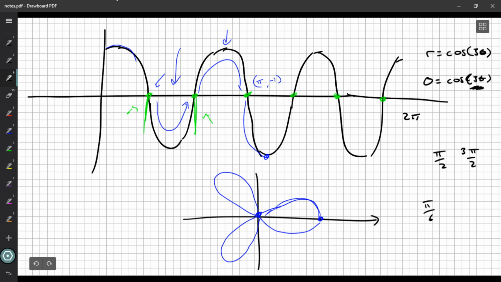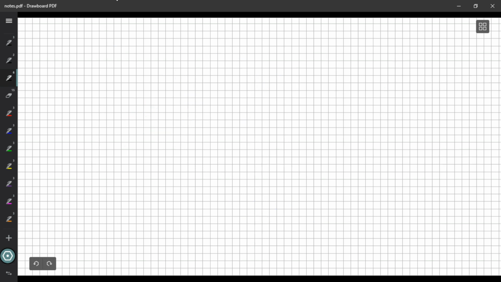So from pi by 6 to pi by 2, that will be this loop down here, finally coming in to rest just as theta value comes up to pi by 2. Okay? So this is how we work out the bounds for our area.